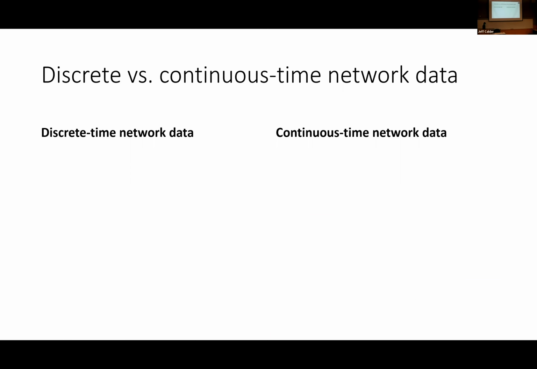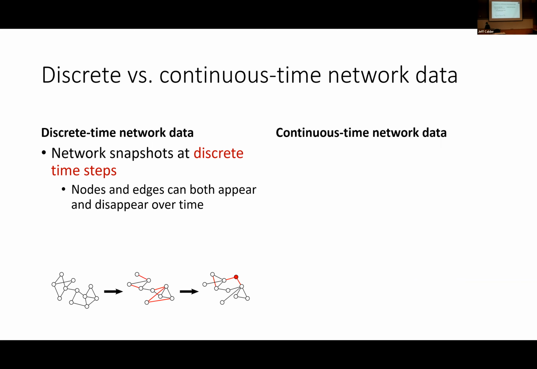The first distinction I'm going to make is discrete versus continuous time. In discrete time network data, you have snapshots at discrete time steps, let's say 1 week, like in the network I showed you previously. Nodes and edges can both appear and disappear over time. Notice here we have these 3 snapshots.